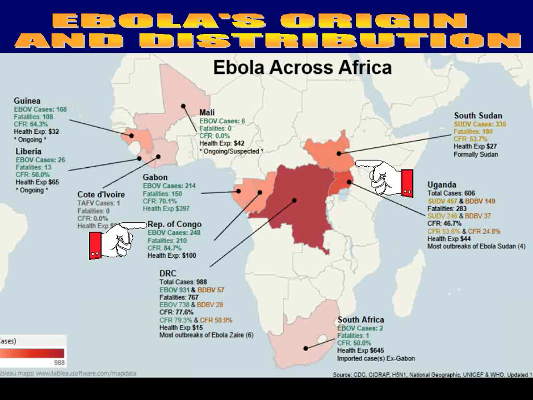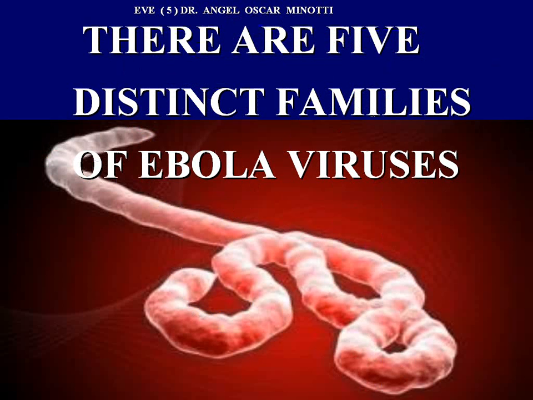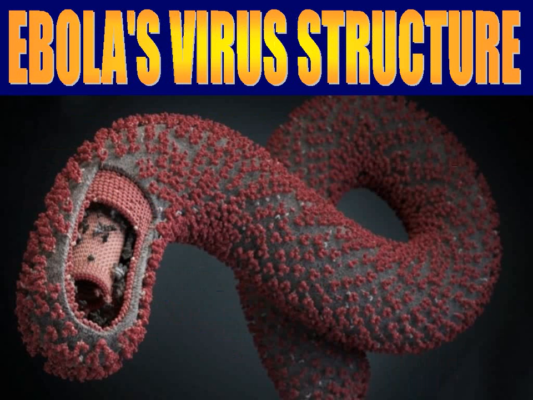And this is Ebola's origin and distribution. There are 5 distinct families of Ebola viruses. And this is its structure.